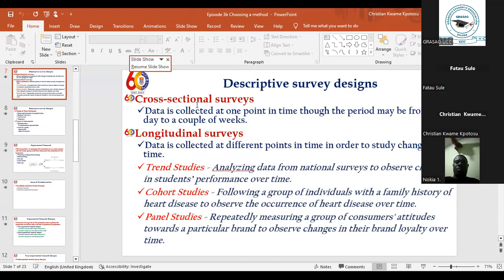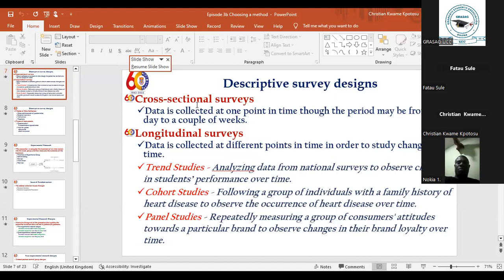Now you decide, do I place those students from UCC as the experimental group and those students from UEW as the control group, or vice versa? So in this case, instead of saying, let's say Kofi goes to the experimental group, Ama goes to the control group, it is not possible in quasi-experimental designs.